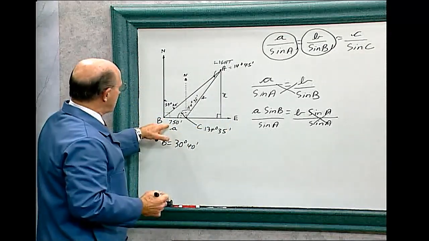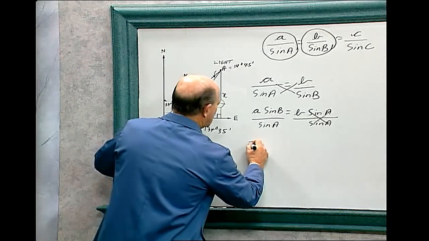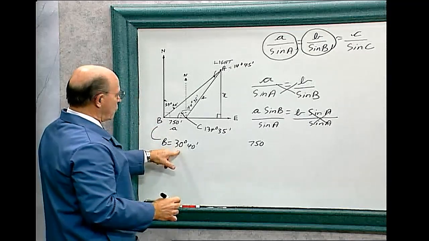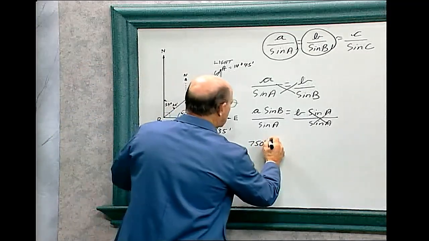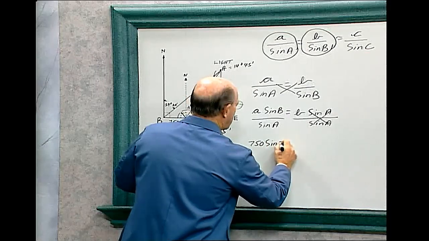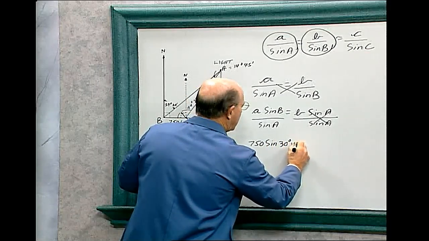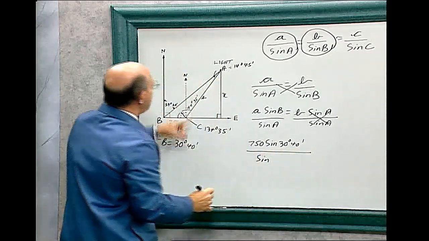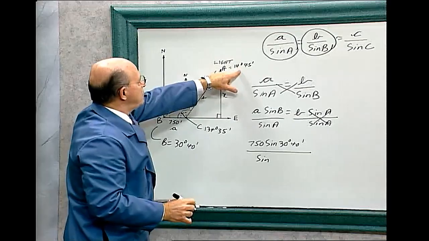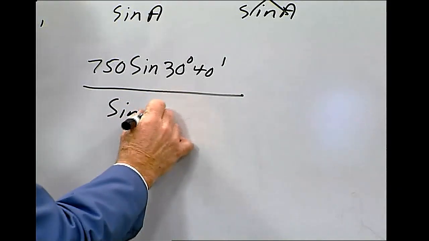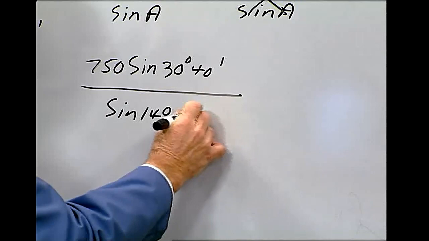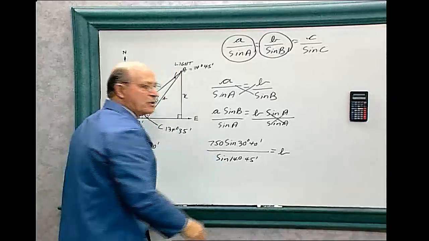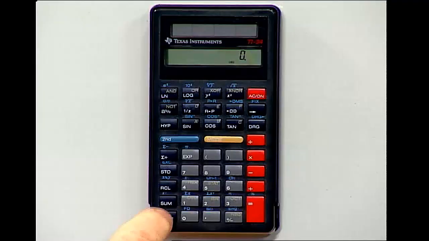A we have over here is 750 feet. So 750 times sine of B, which is 30 degrees 40 minutes, divided by sine A, which is 14 degrees 45 minutes, equals B. Now let's go to the calculator, plug in the numbers, clear the calculator.